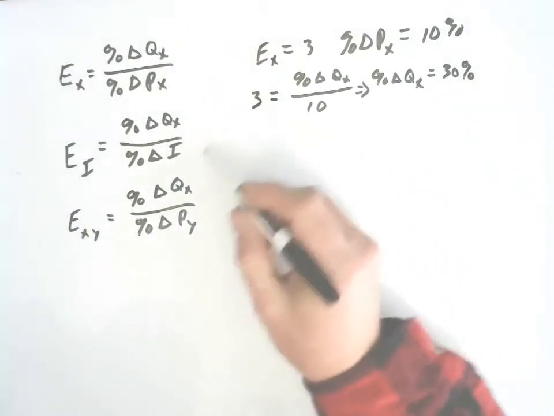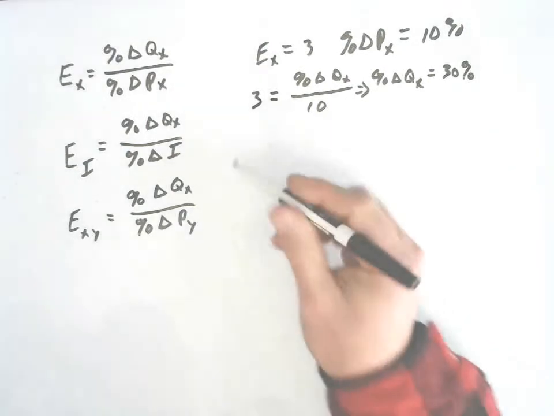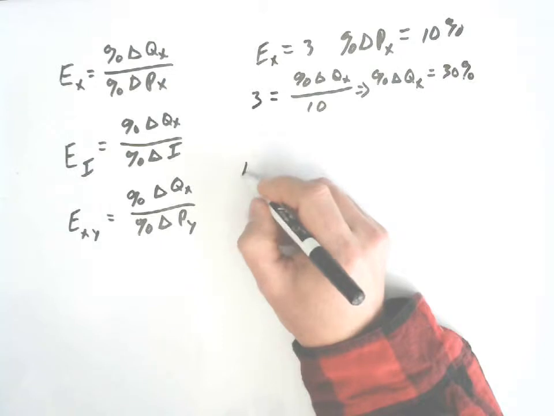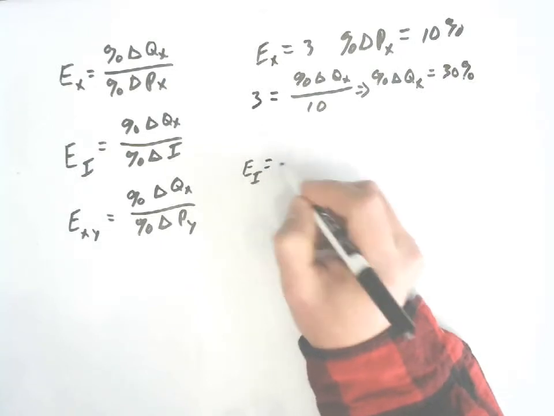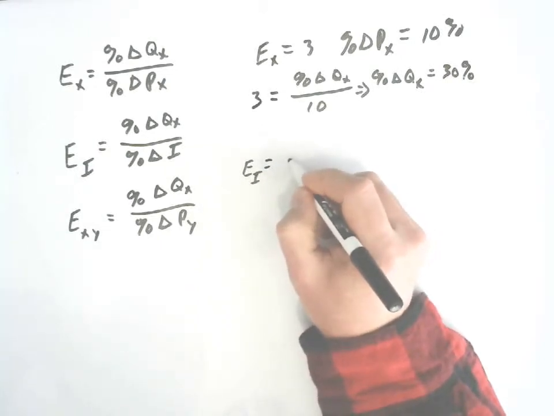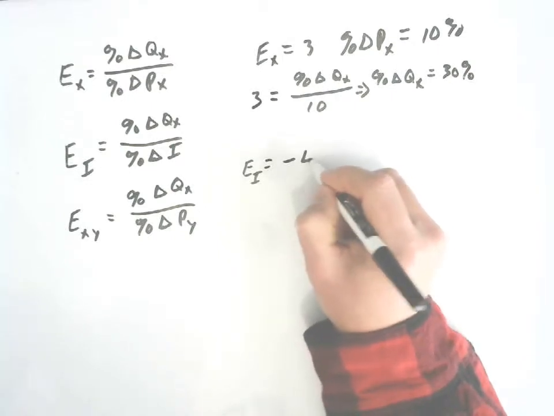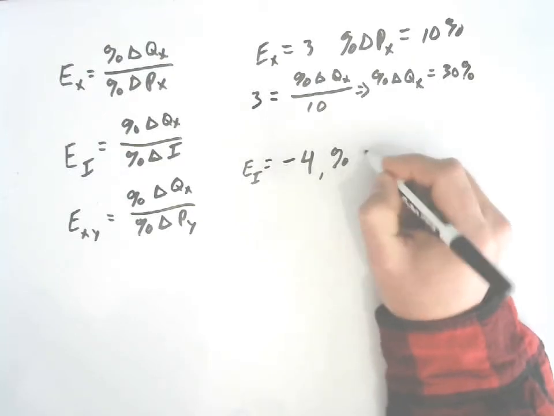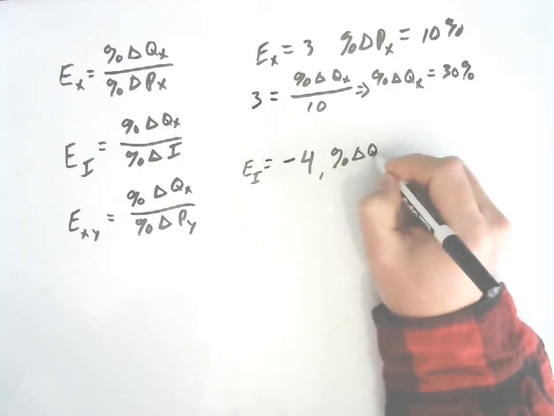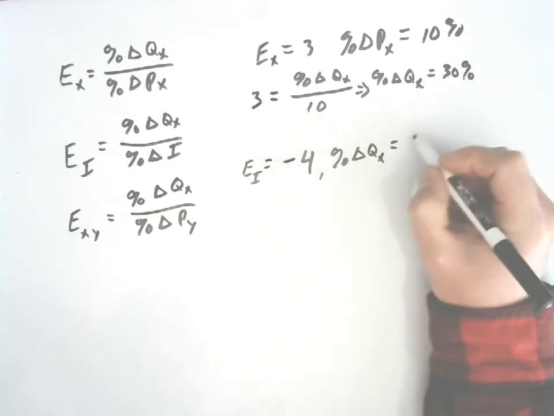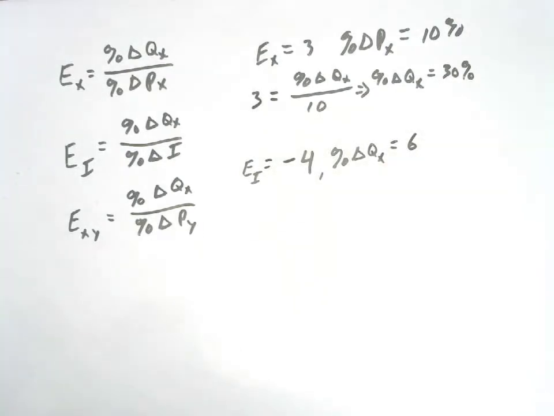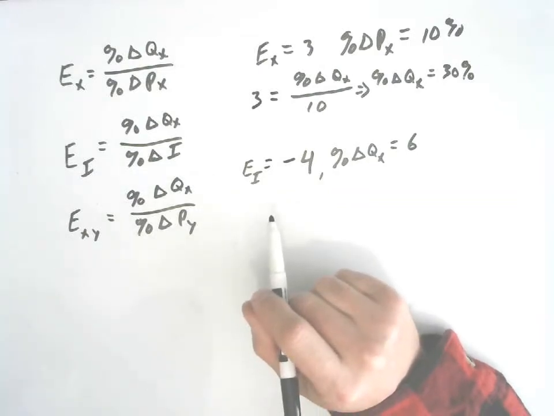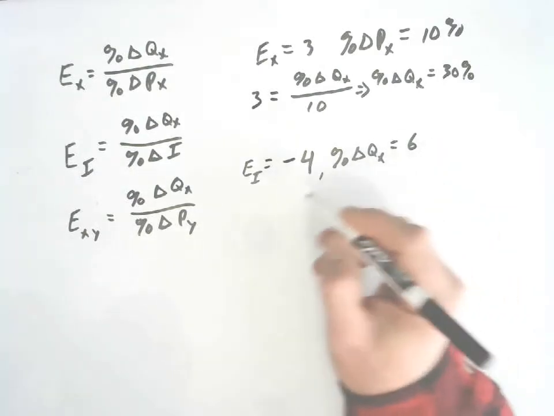So let's go on to the second, income elasticity. Let's assume that we have an income elasticity value of negative 4, and assume that we have percentage change in QX equal to 6. Now, what is the percentage change in income levels if I have this information?